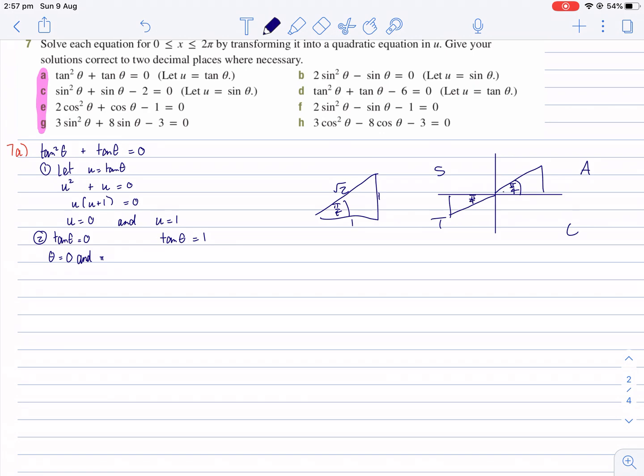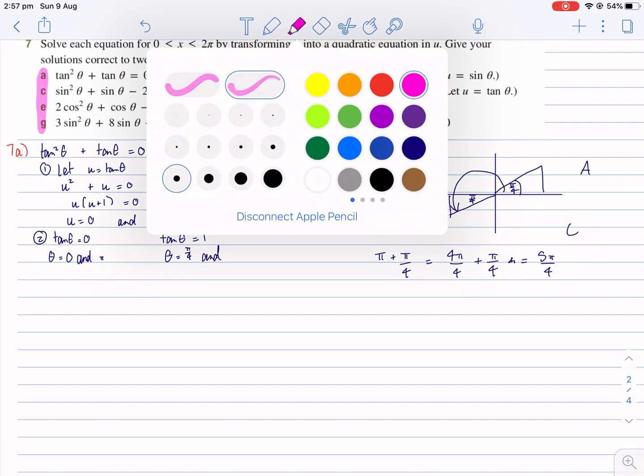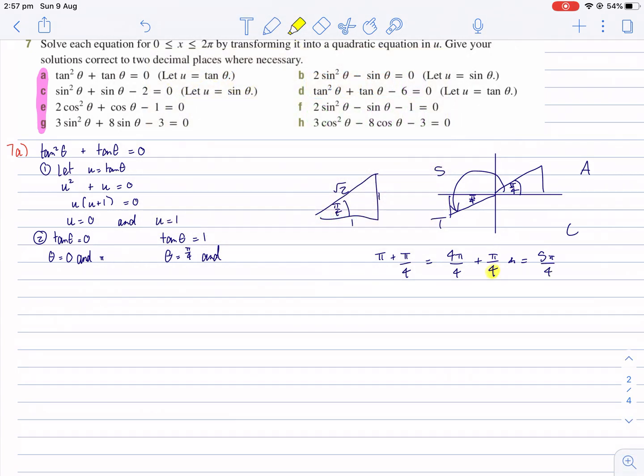So we've got pi plus pi on 4. Now if we've got pi plus pi on 4, that's the same as 4 pi on 4 plus pi on 4, which is now 5 pi on 4. So you essentially get the bottom number and plus 1.